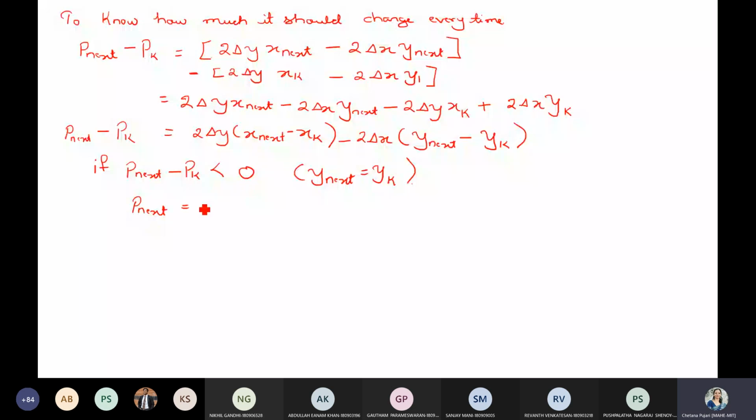It will become pk plus 2 delta y. We'll write it as xk plus 1 because it is obviously increasing at every increment, as we are dealing with m less than 45 degrees. So this is the condition we are doing for this. So x will be incremented.